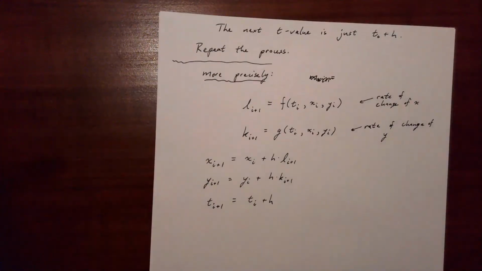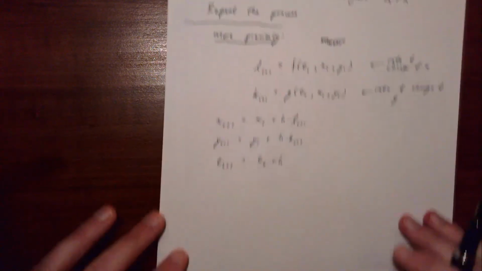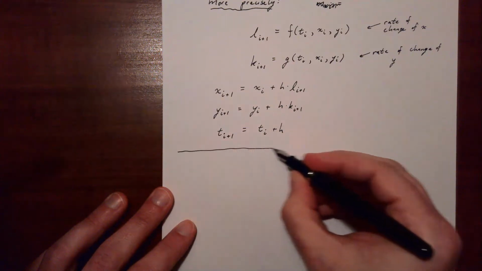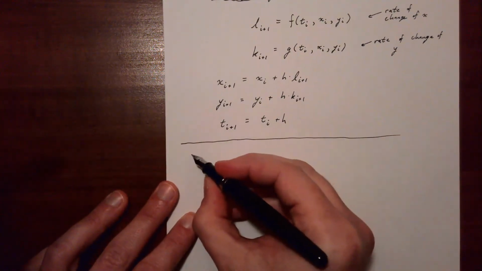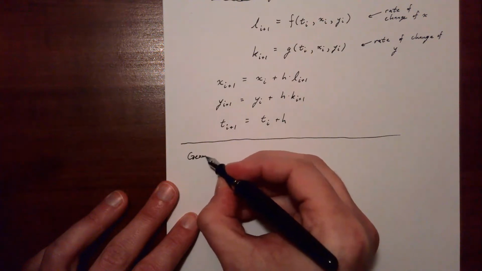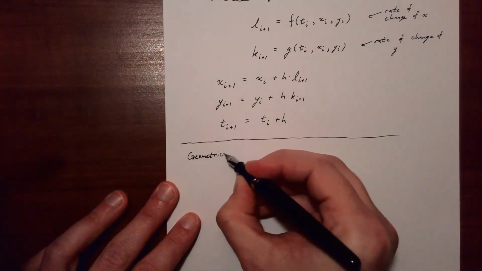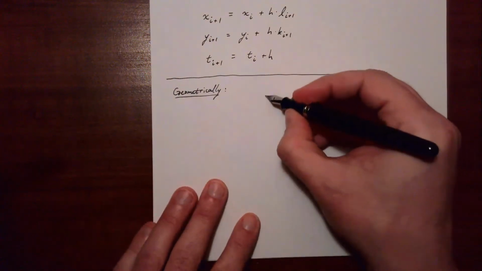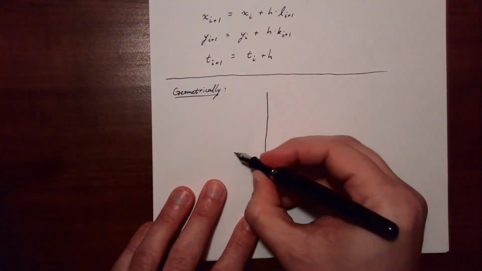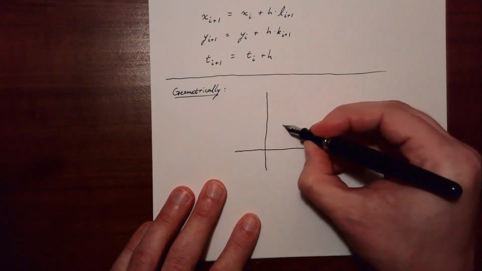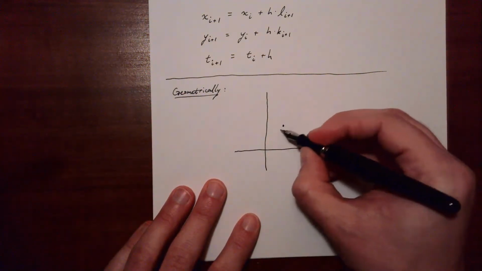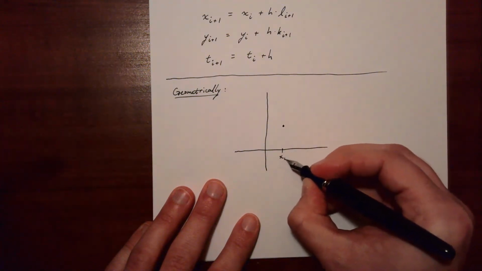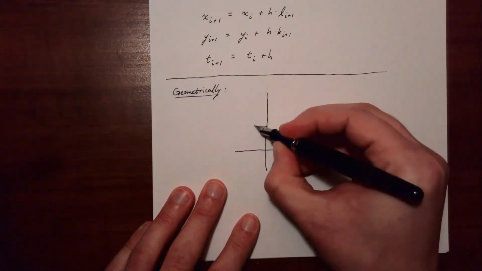Now, geometrically, what this represents, let's say right here, that this represents the x sub i, y sub i.